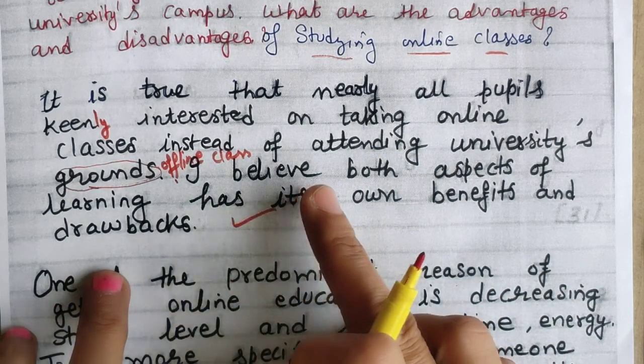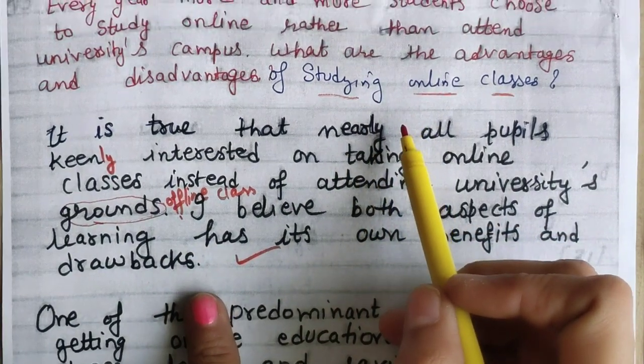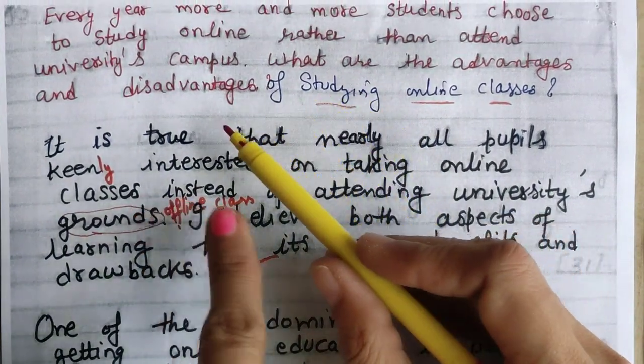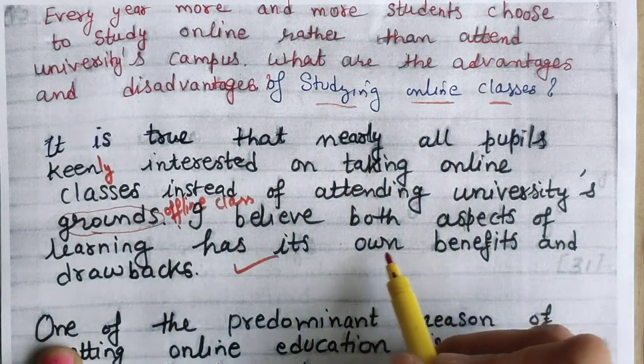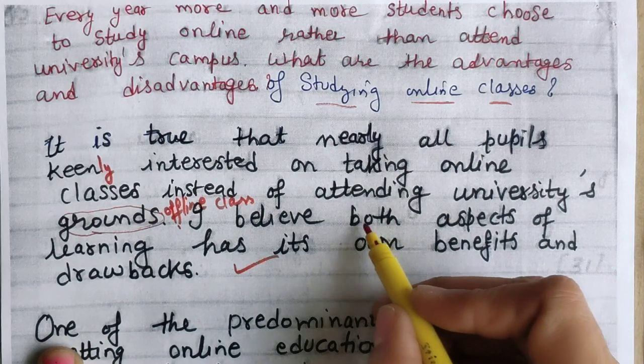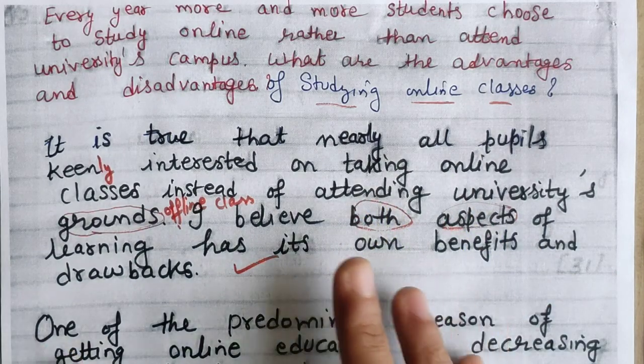Actually, she could have written over here "studying online", because the question is asking you the advantages and disadvantages of studying online. So "both aspects of learning has its own" — here "both" is wrong, actually.